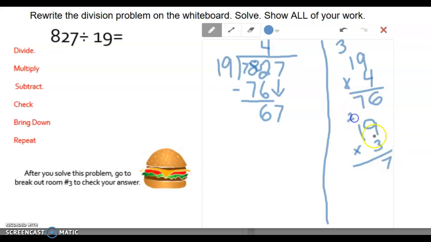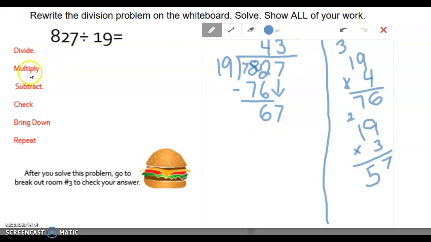Carry my 2. 3 times 1 is 3, plus my 2 is 5. All right, so 19 times 3 gives me 57. Well, I think that's what we're going to use because 76, 19 times 4, is too much. So we have to back down. So let's put our 3 directly above the 7 because that was the last digit we used in that part of the dividend.